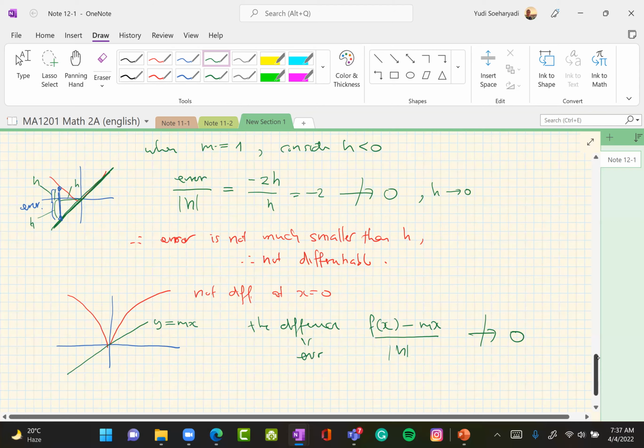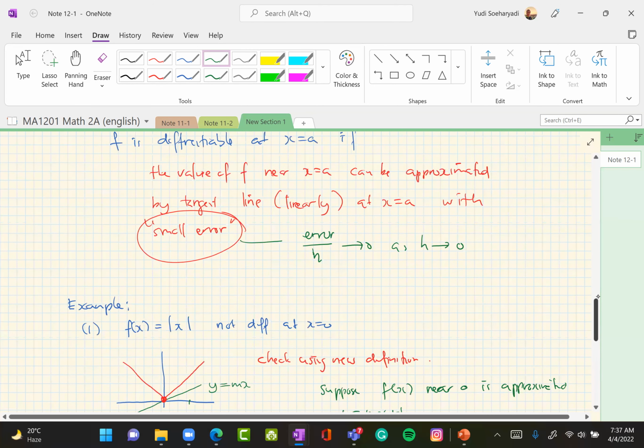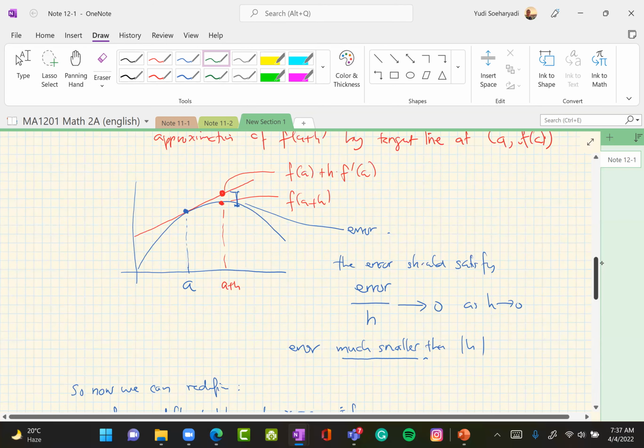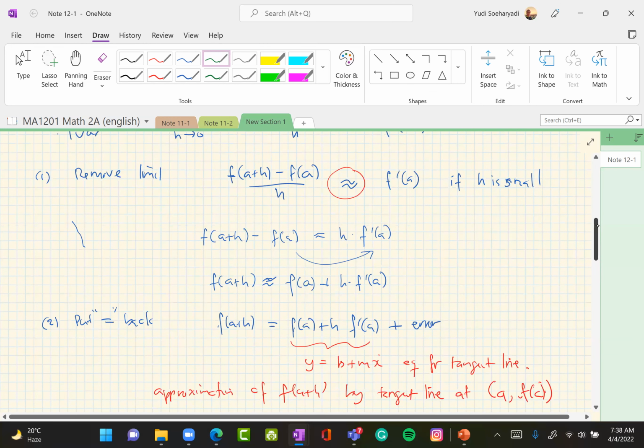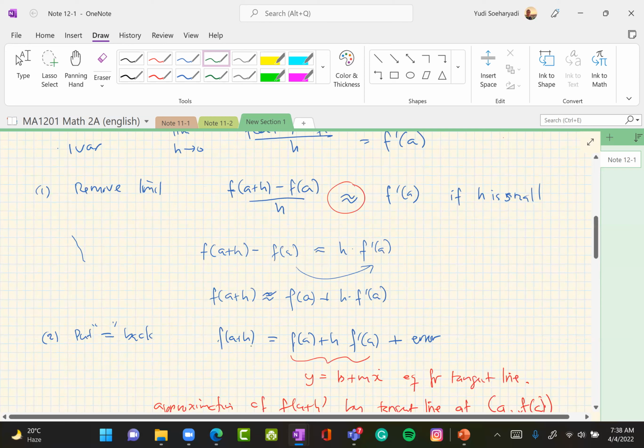Okay, but the good thing about this definition is that now you don't have any divisions in this definition. So this is something that we can adapt for two variables.